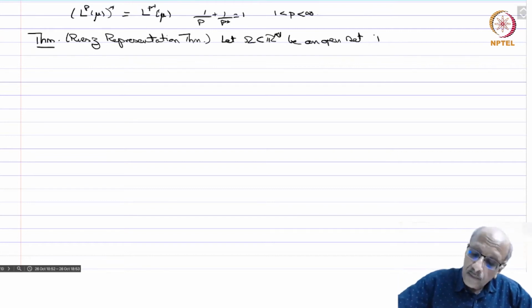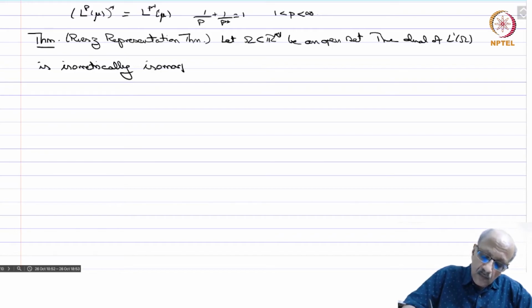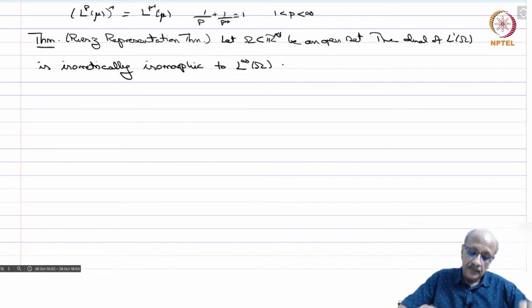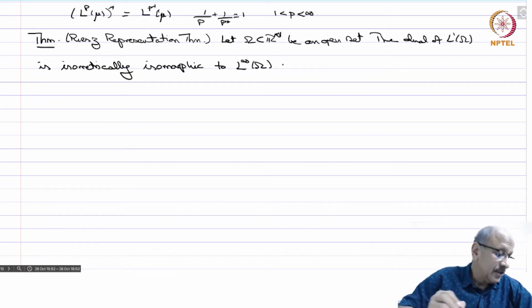The dual of L1 of omega is isometrically isomorphic to L infinity of omega. So that means you can essentially identify L1 star as L infinity.